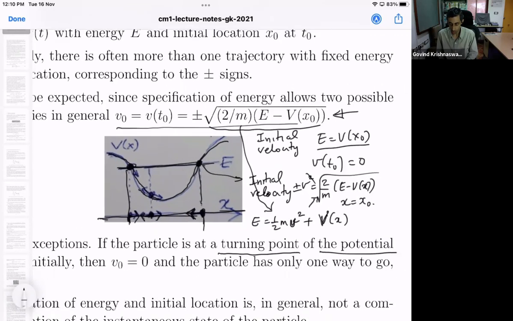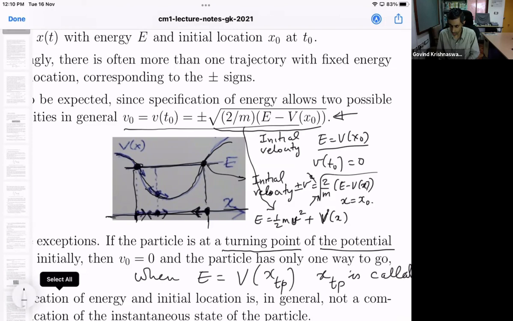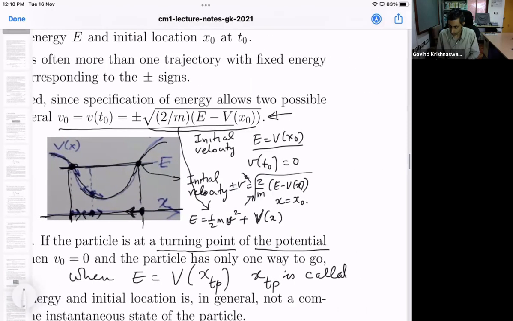So the points x0 where E is equal to V of x0 are called turning points. Perhaps I should not call them x0, I should call them xTP. So when E is equal to V of xTP, xTP is called a turning point.